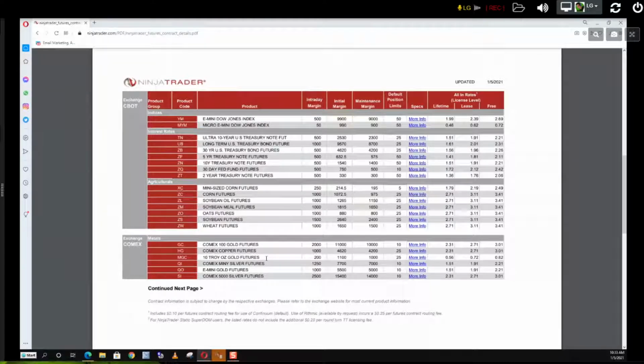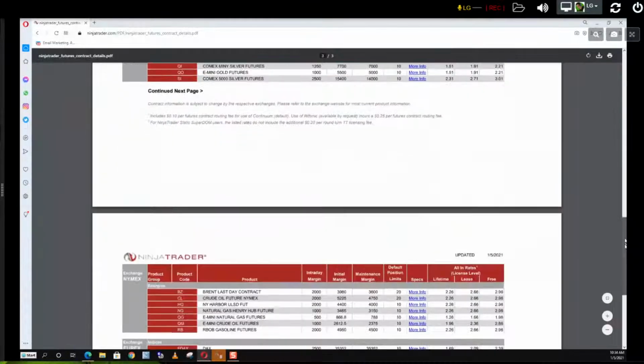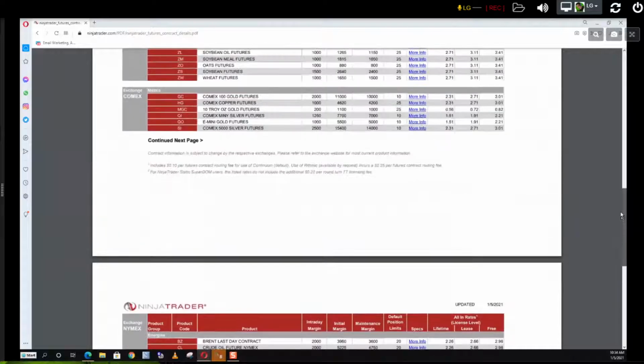Jaquan, I'm not crazy about the micros, especially in these markets, because the liquidity is very low. You don't get good fills. But Salvador, that's how you can check all the instruments for margin.